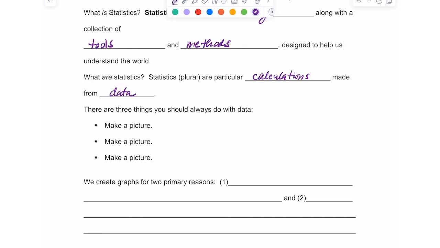When we have data, there's three things you always want to do with it. Make a picture, make a picture, make a picture. The first one helps us to think about the patterns and relationships.